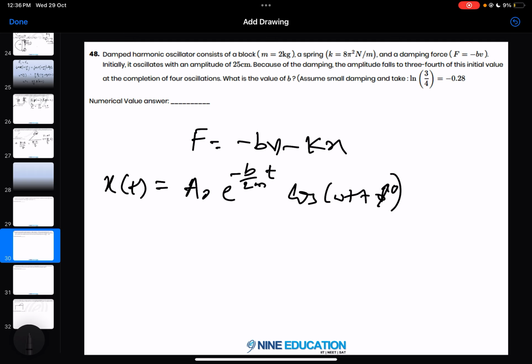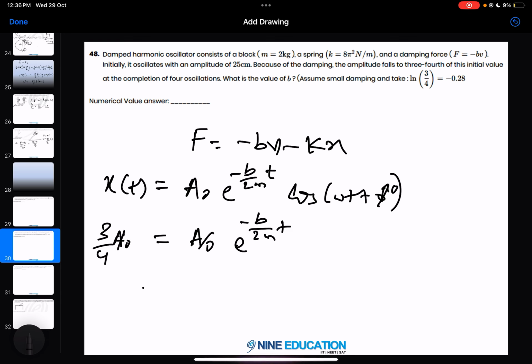Now he's saying the amplitude falls to 3/4 of the initial value after 4 oscillations. So the amplitude will become 3/4 of the initial value; at t equal to 0, cos omega t after 1 multiples of the time period is 1. This will be A naught e power minus b by 2m into t.